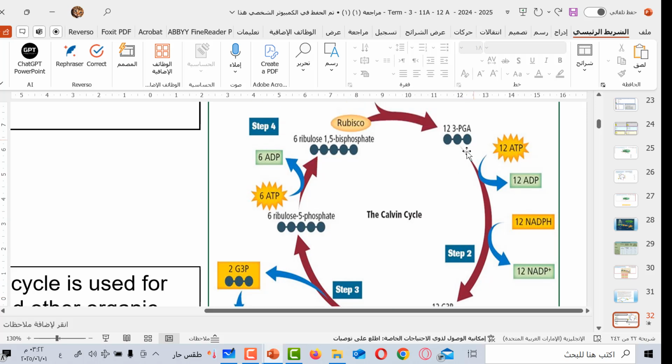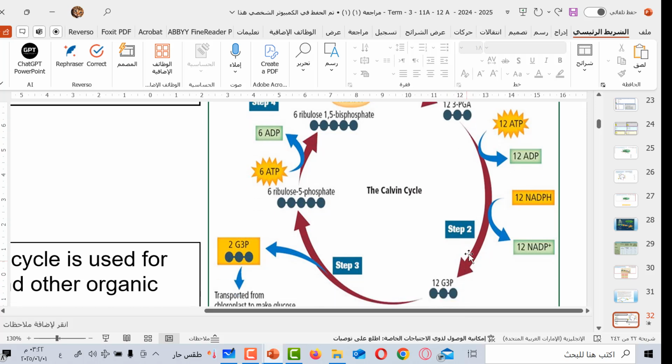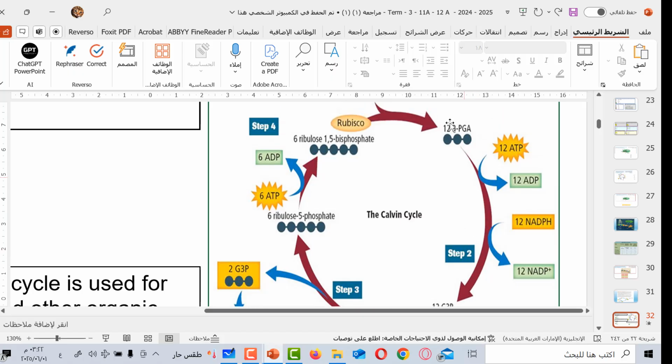Okay, be careful about these two, someone may be confused between them. 3PGA, we have 12 molecules of it, okay? Everyone wants to add 1 phosphate.